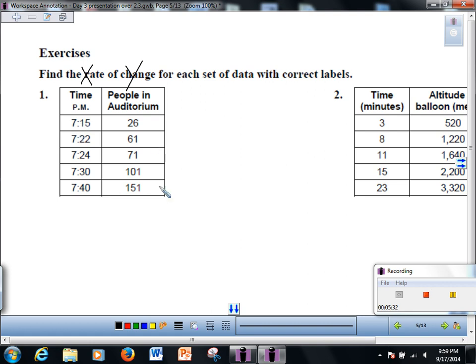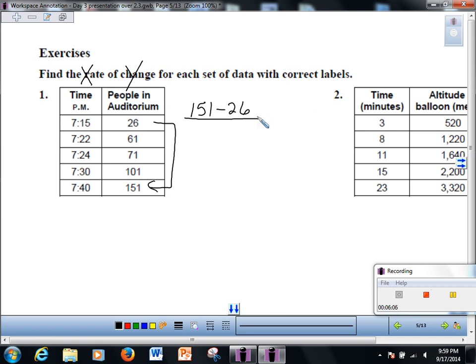So if you would, look at the top and the bottom. You get to ignore the middle, because we're worried about the overall change. What I need to do is figure out how many people the auditorium grew. So it maximum had 151, and I'm going to take away 26. That's going to tell me how many people changed in the auditorium.